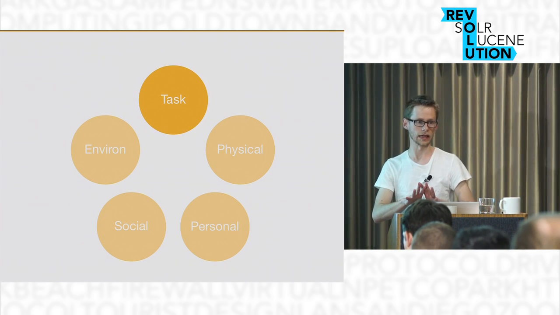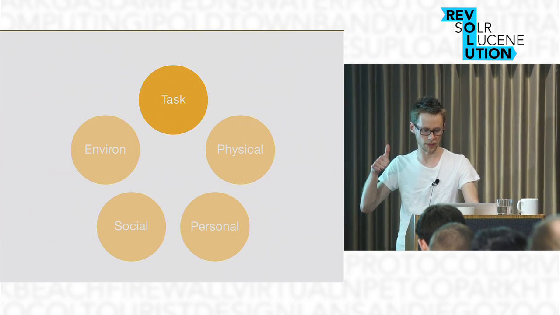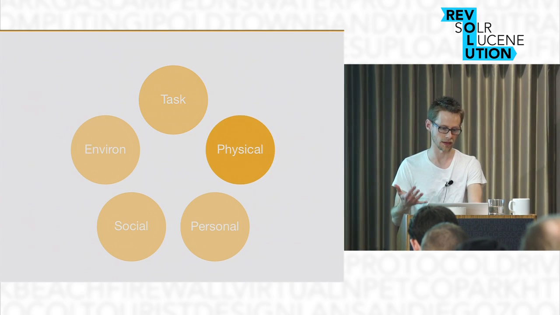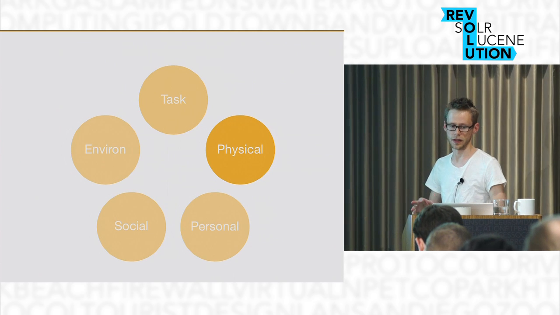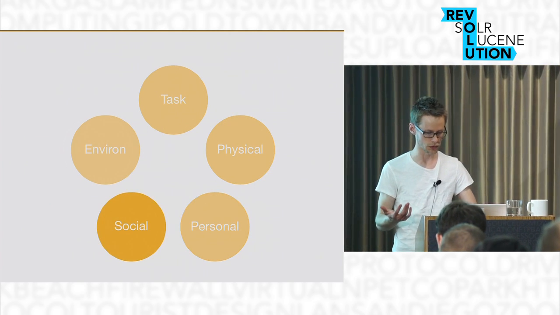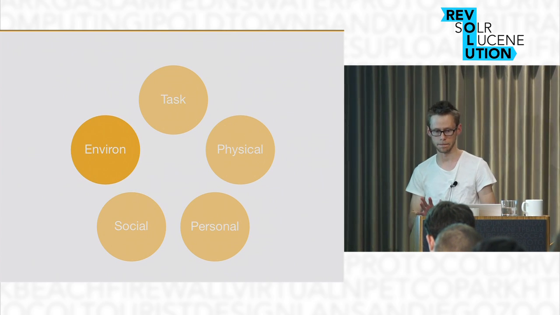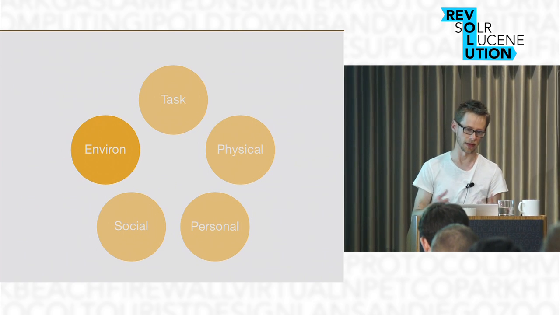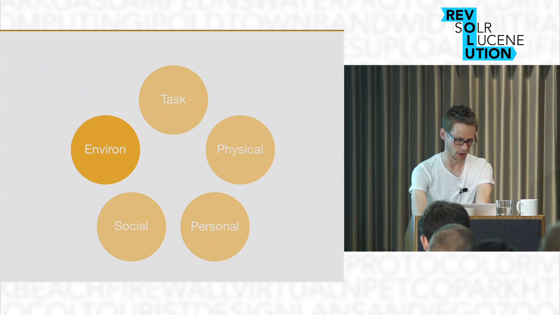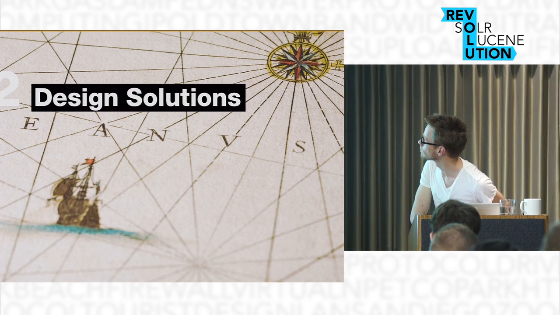But there are several different types of context that we could think about, from the task context, which is the information needs that motivate the user, to the physical context of time and space, the mental and emotional state of the user, the social context of the people around them, and the physical environment as well. If you want to know more, you can get the book and look at it there.